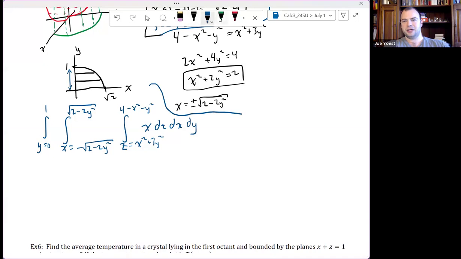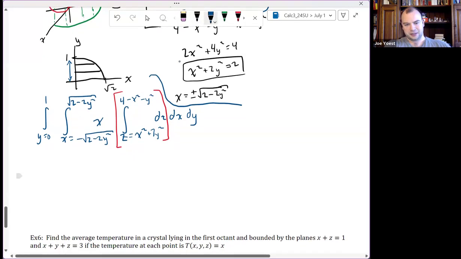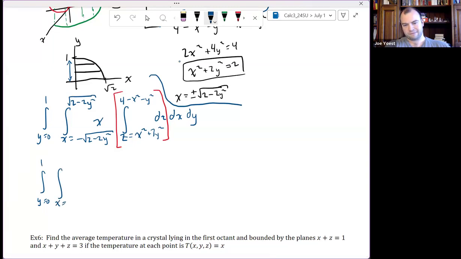Since this is a lot to write, I'm going to pull that x outside. It's independent of z. And then, of course, I get top minus bottom. The integral of dz is just the difference between the bounds.